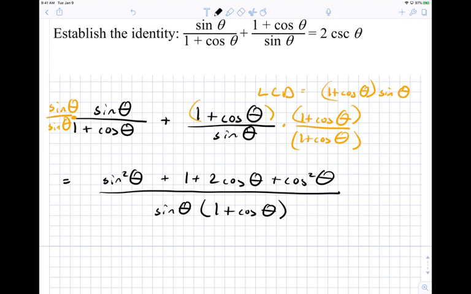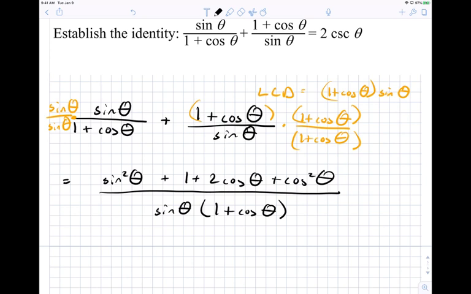All right, so we go to sine squared plus 1. So what do you all see? What could we do next? What are some things that we talked about earlier?